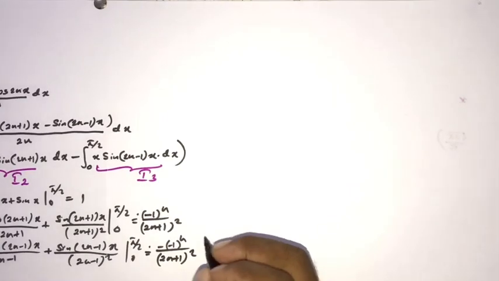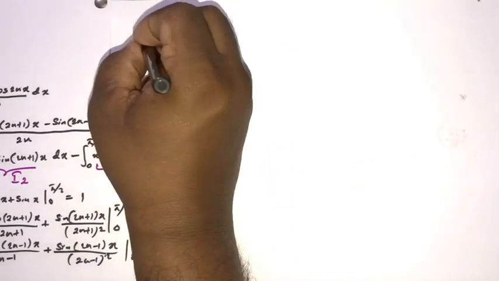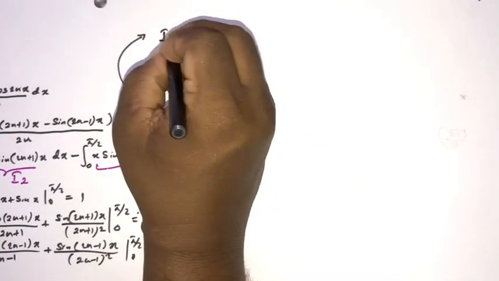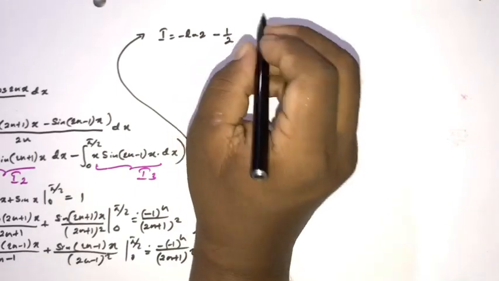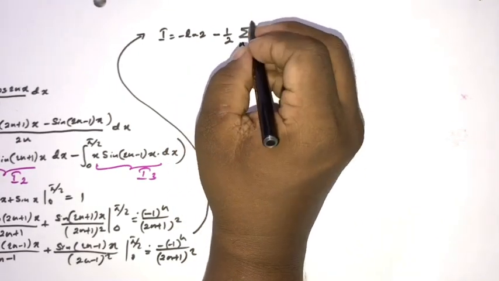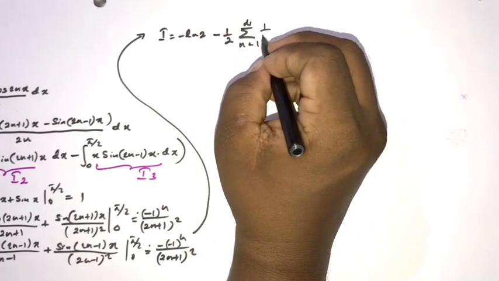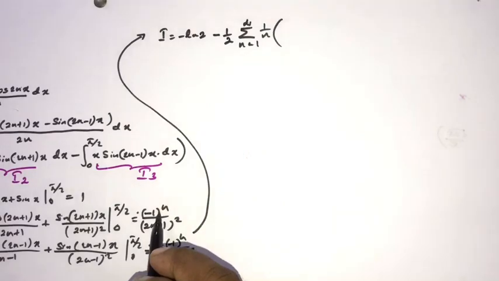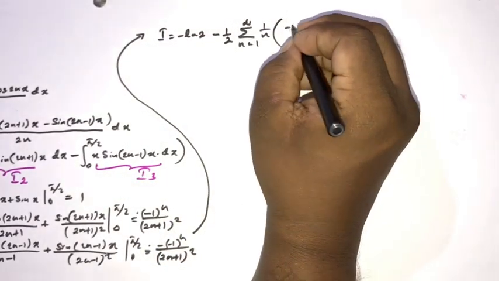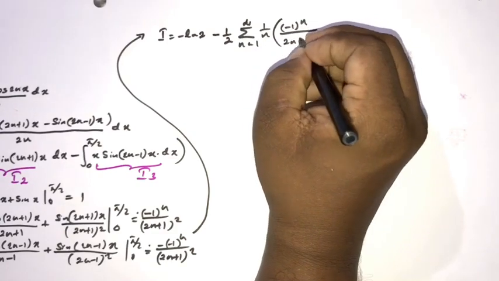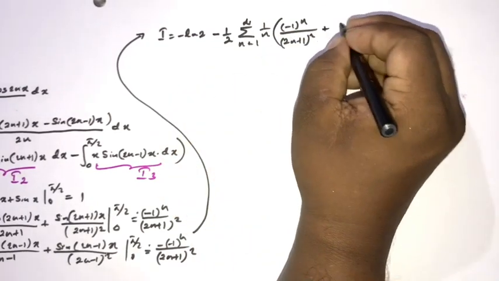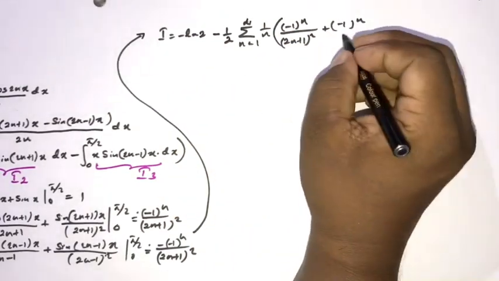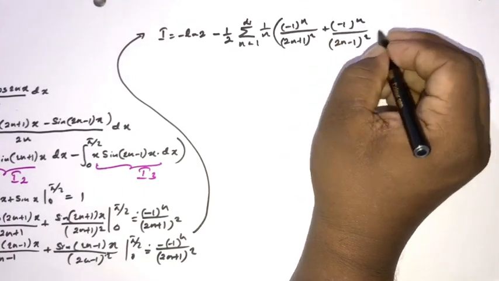We can write now I is equal to minus natural log of 2, here minus now 1 over 2, infinite sum n equals 1 to infinity, 1 over n times, now here we have I2, minus 1 to the n over (2n plus 1) squared, then here minus I3, so plus minus 1 to the n over (2n minus 1) squared.